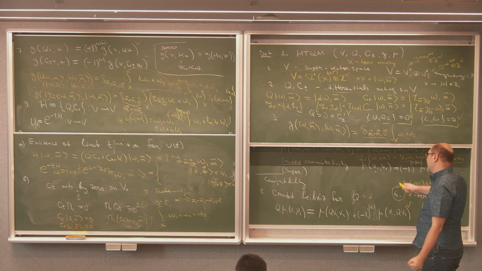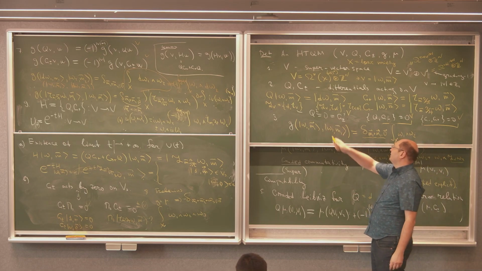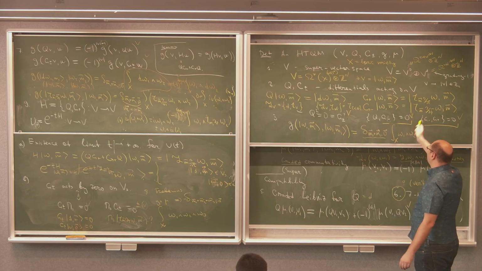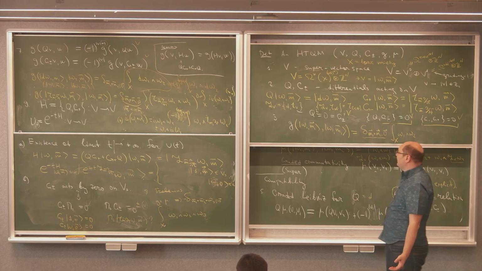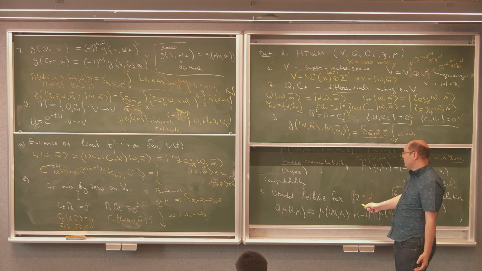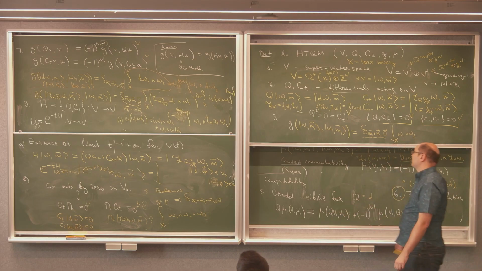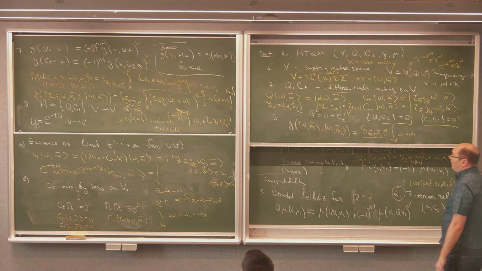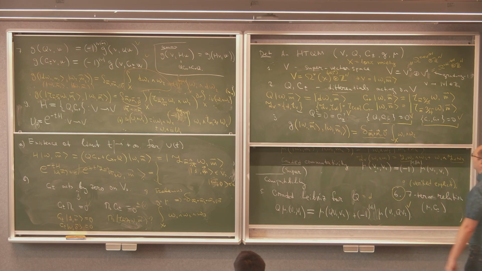Consistency conditions between objects of the same type, like the differential squaring to 0, or differentials anti-commuting in some particular way, or between objects of a different type, like graded Leibniz or the 7-term relation, which is compatibility between multiplication and these differentials, and compatibility between pairing and differentials. So a lot of compatibility conditions.